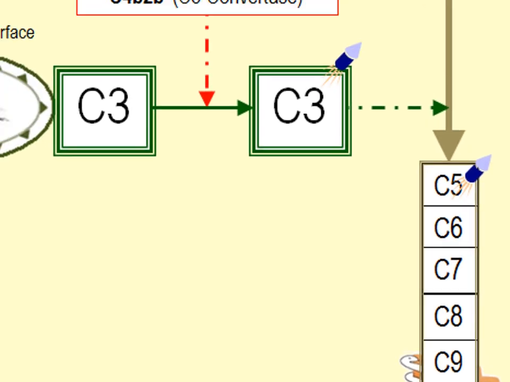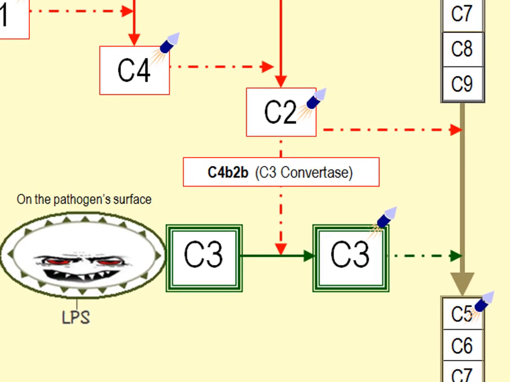From a different angle, activated C2 causes formation of the C4b2b complex. Remember this complex. This is also known as C3 convertase. So this is your famous C3 convertase. As the name implies, C3 convertase activates complement 3.